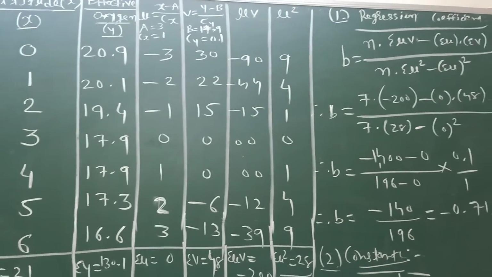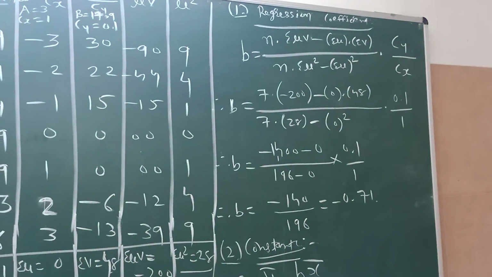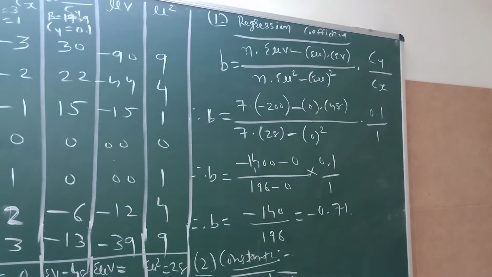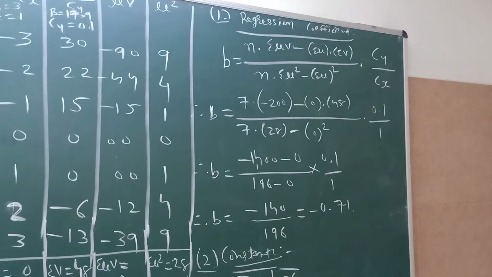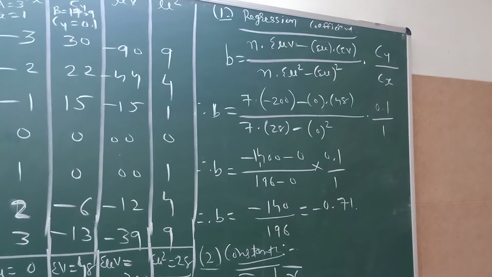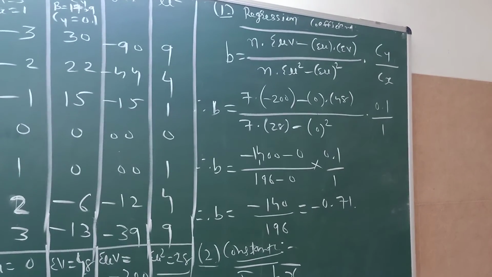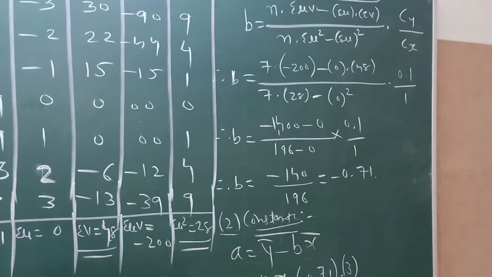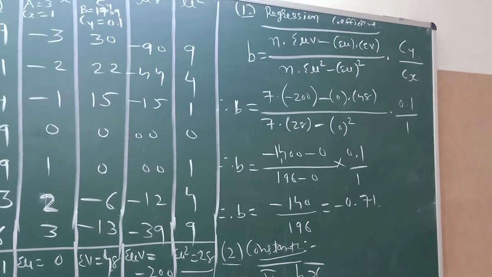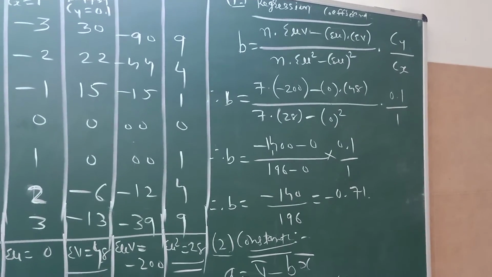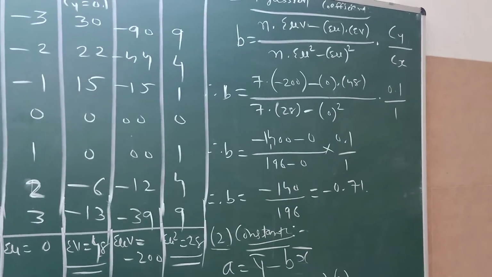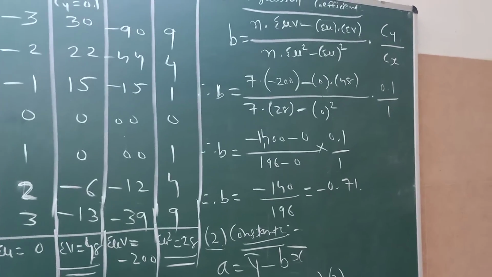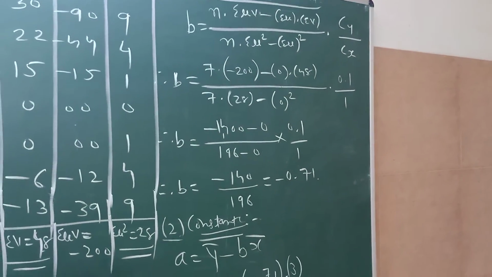After preparing all the columns, the first step is the regression coefficient, that is b: n sigma uv minus sigma u into sigma v upon n sigma u square minus sigma u the whole square, into cy upon cx. We put the values and got the answer. Cy is 0.1 because all the digits of y are divided by 0.1, and cx is 1 because all the digits of x are divided by 1.